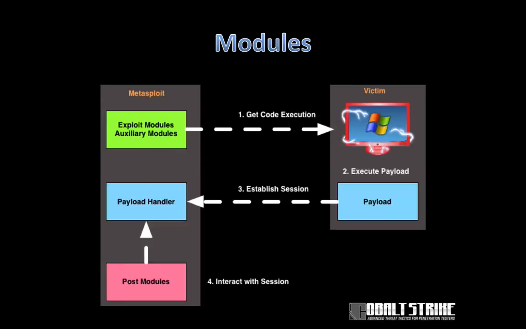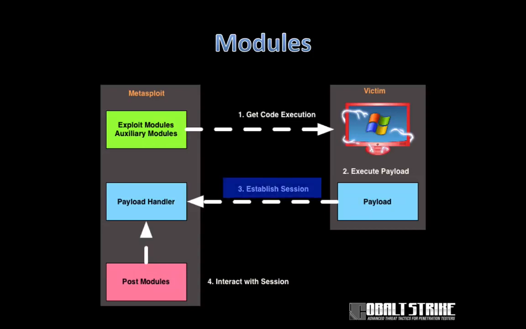Now, here's how the other modules work together. Exploit modules have one purpose and one purpose only, and that is to get code execution. Once an exploit module gets code execution, it hands off execution to a payload. Payloads have two parts: the part that executes on the compromised system, and a payload handler, which acts as a server to control the payload running within the Metasploit framework.